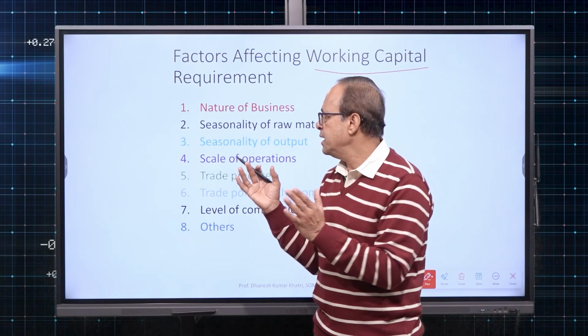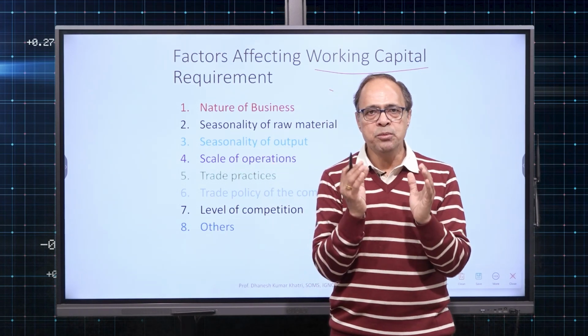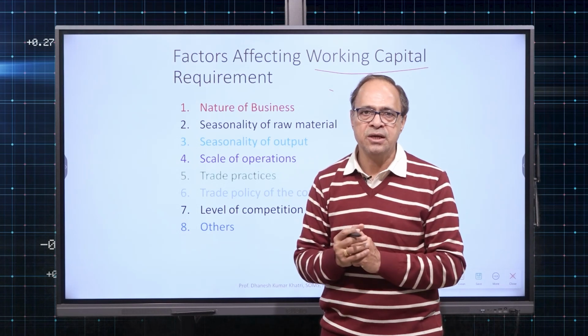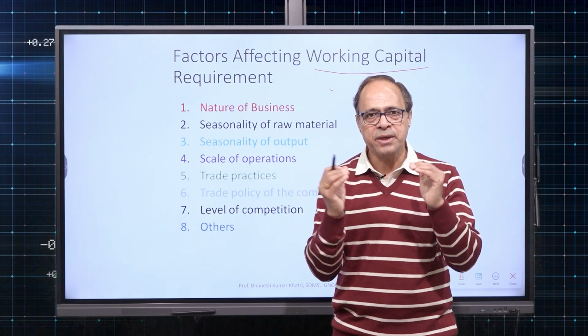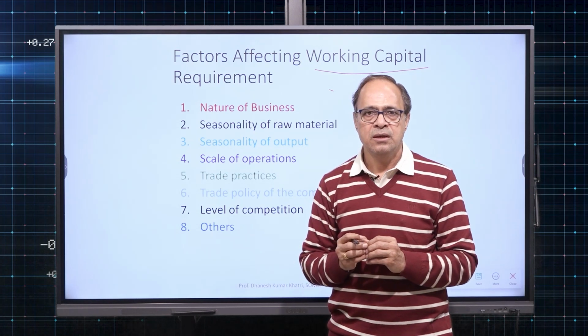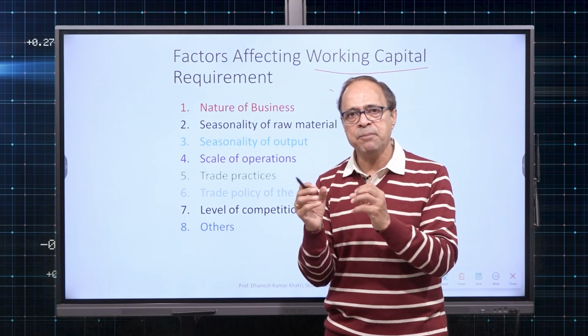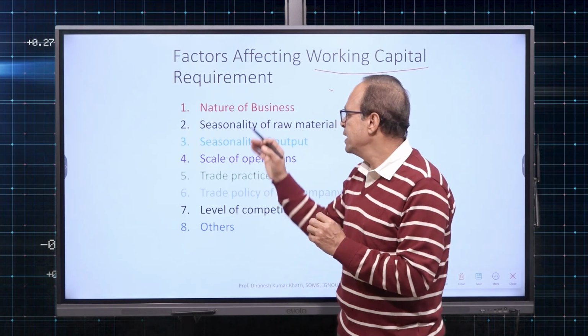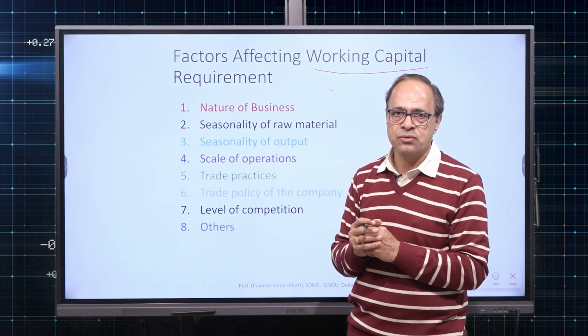Or if you are in an industry in which too much breakdown and repairing of machinery is required, then you need to keep ready a stock of equipment or spare parts. Therefore, nature of business can be discussed like that also.